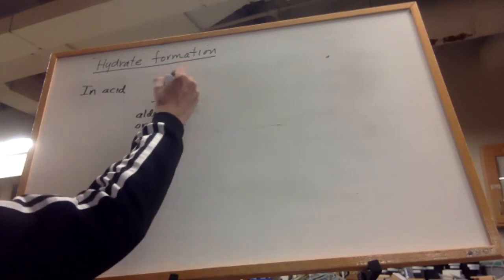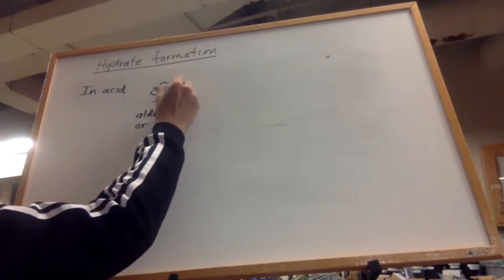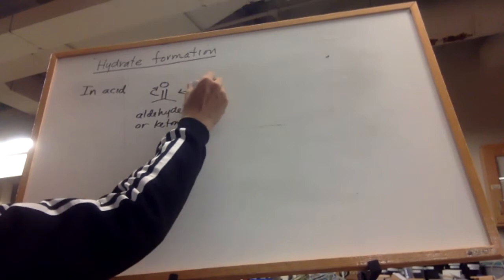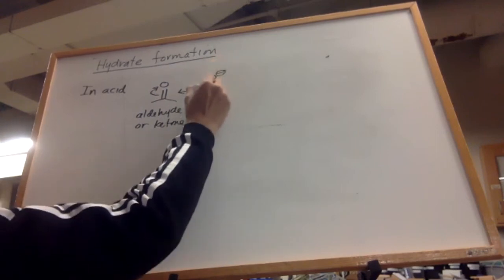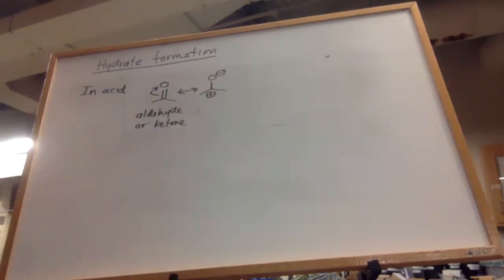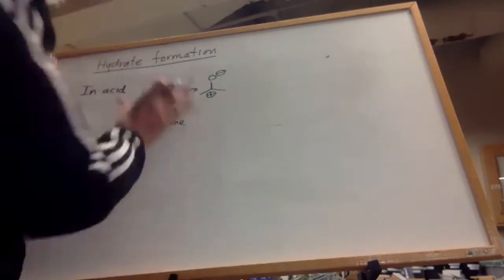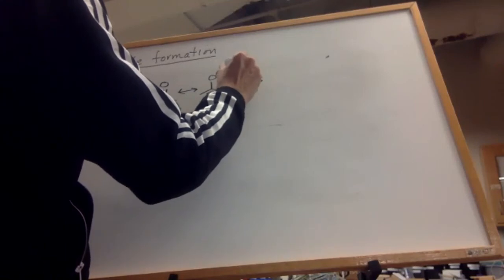So we've said several times already that the oxygen atom is withdrawing electron density from the carbonyl carbon. We can represent that by this resonance structure in which the carbonyl oxygen has this negative charge and the carbonyl carbon has a positive charge. And so we have this carbonyl compound sitting around in acid.